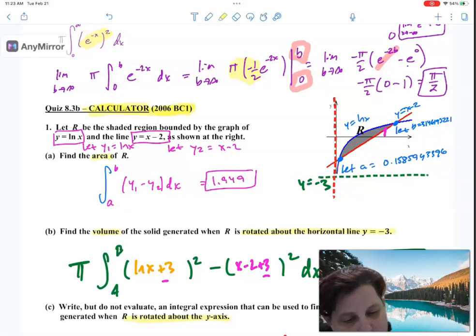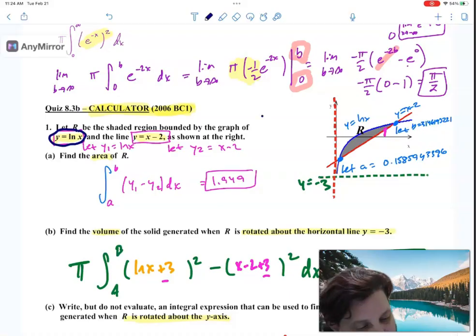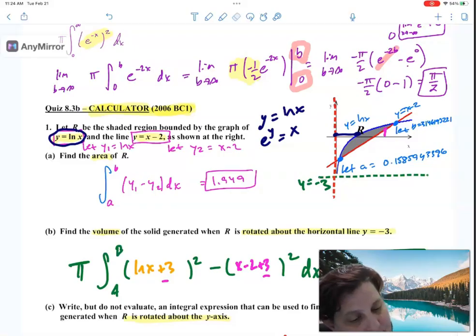We've talked about how in order to do a dy, we have to solve these equations in terms of x. If y equals ln of x and I do e to both sides, x is e to the y. The distance from here to here is no longer y equals ln of x, that distance is e to the y.